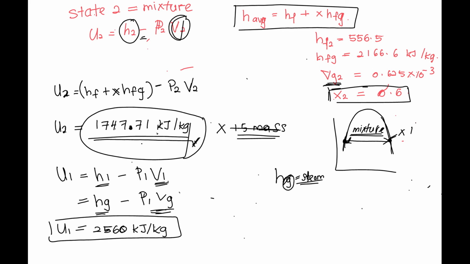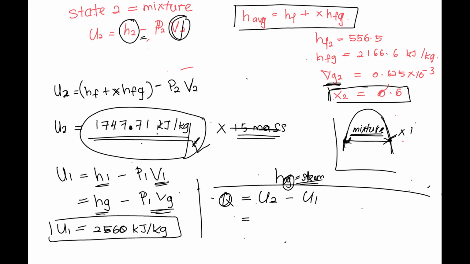And what do I need to do? I just subtract. How to subtract? Again, back to our formula just now. Q equals specific internal energy 1 minus specific internal energy 2. But now in this condition, we don't want the specific internal energy, we want the internal energy. So what to do? We need to times with the mass. So here it will be like this.